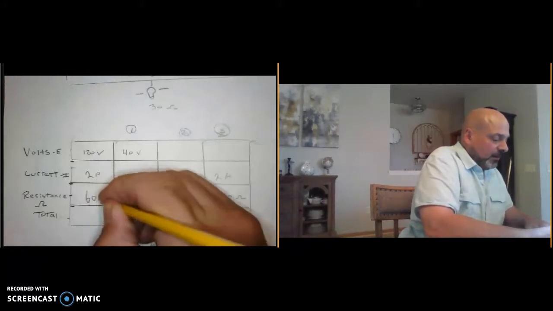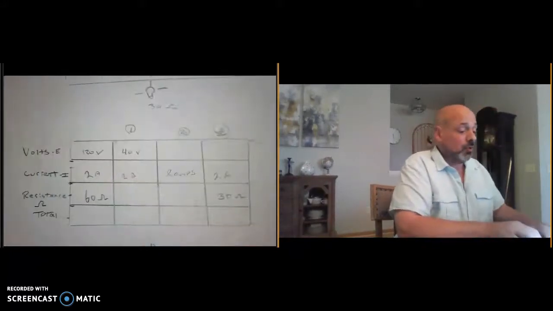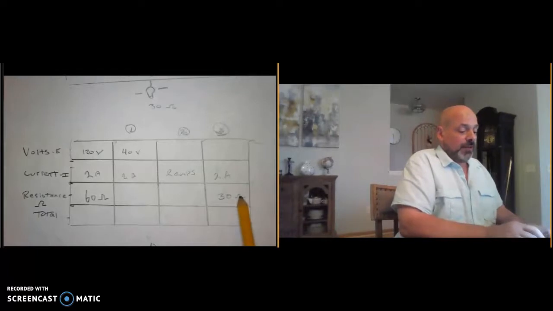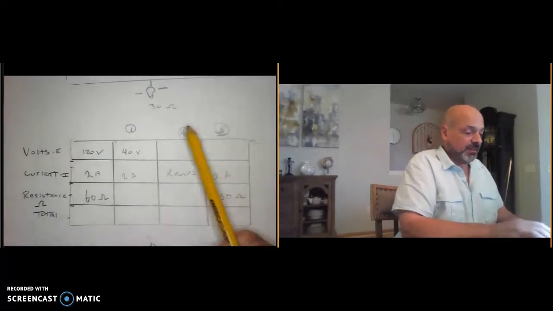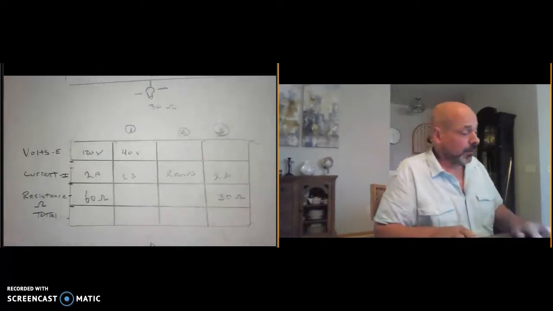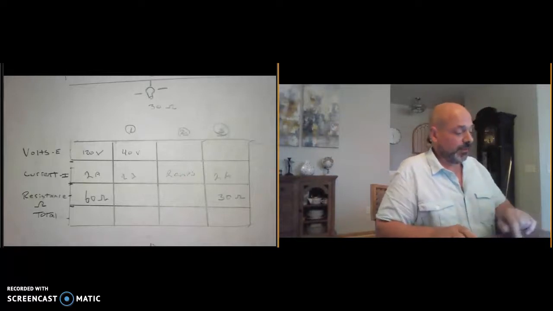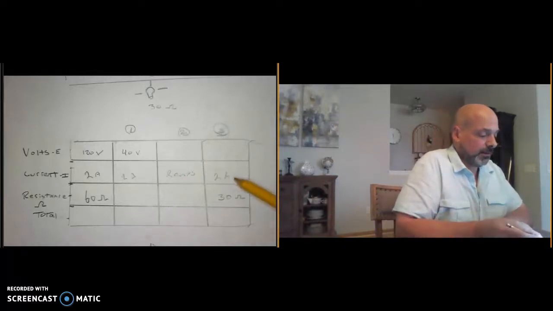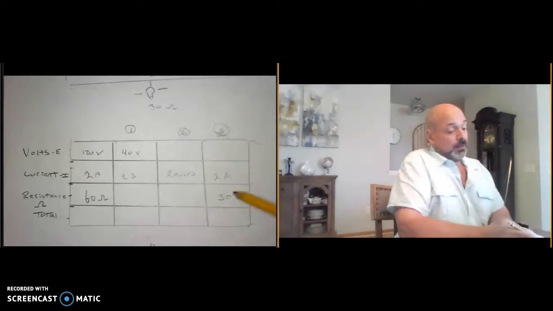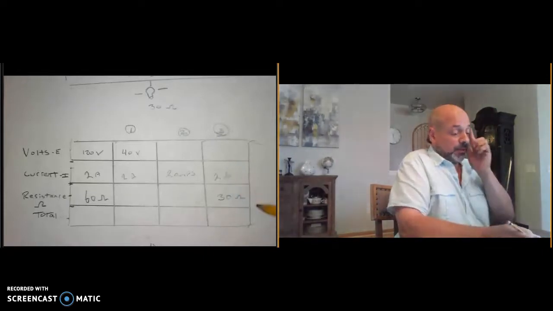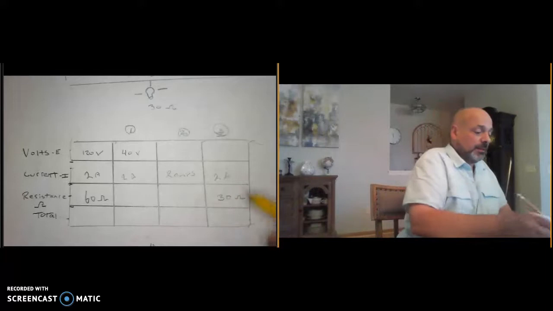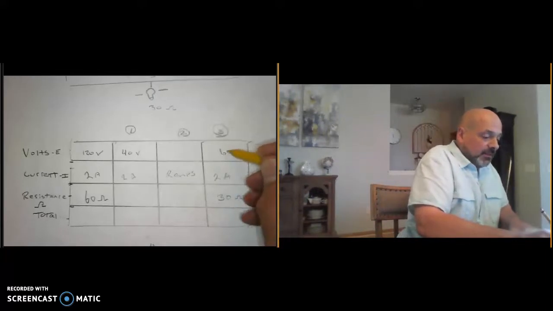So we have 60 ohms of resistance total. Of that, 30 are already present in the third load. So we can look elsewhere. We're missing voltage for the third load; we can just multiply these two. 30 times 2 is 60 volts.